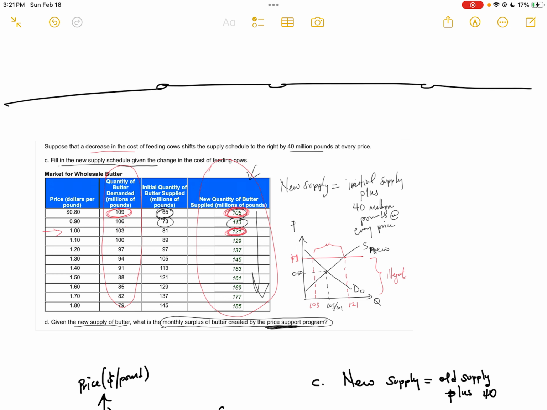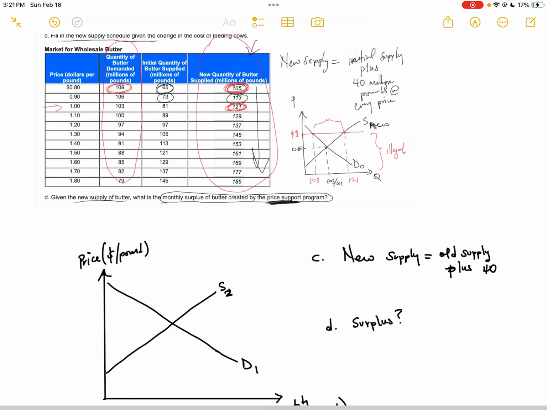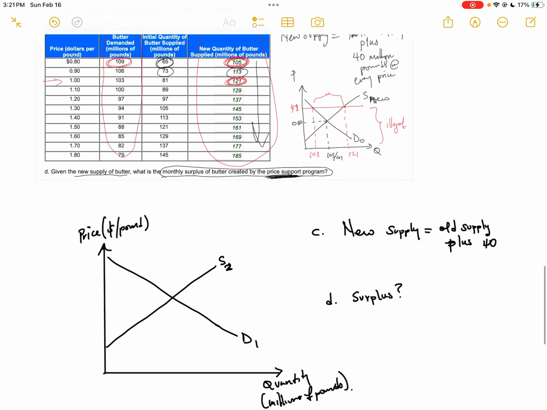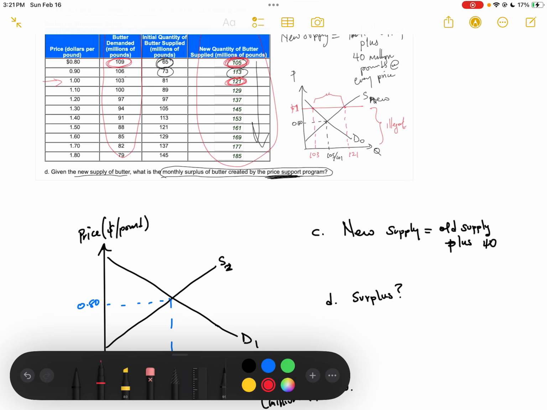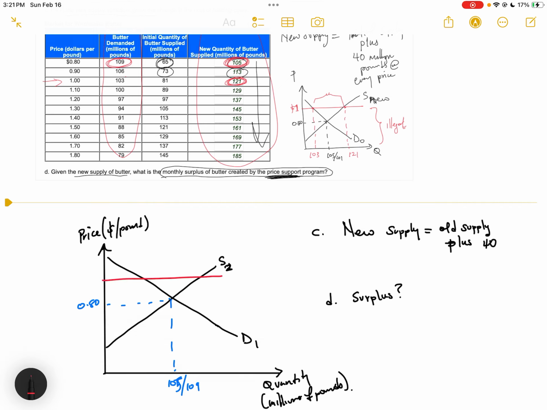Okay, let's go back to the main. Just copying what I've done here and doing that really quickly, we have our 80 cents and our 105, 109. It's not super important right now to get that on the money. And we have our price floor of $1, which is binding.